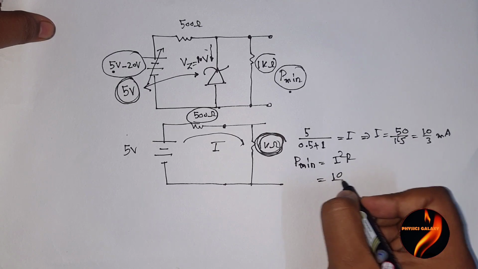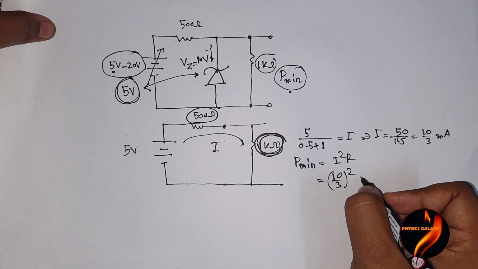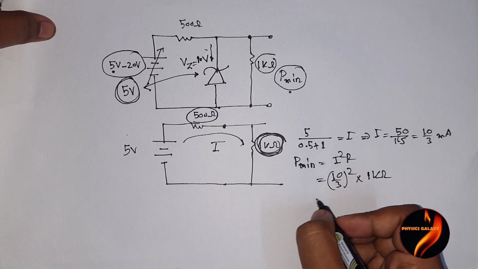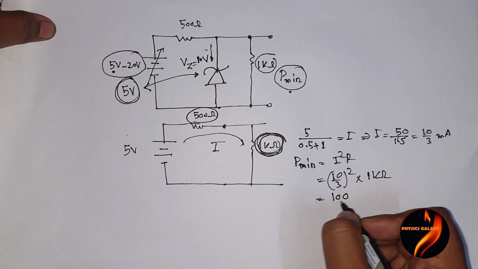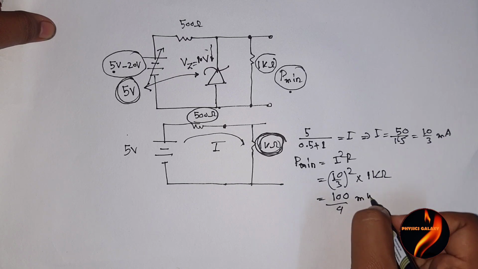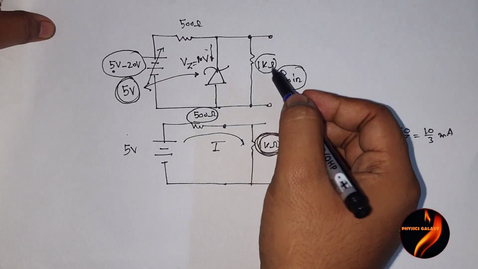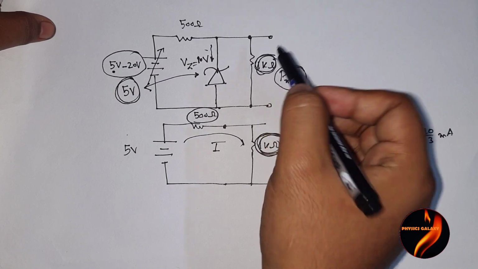So the power here is I square R. R here is 1 kilo ohm. This will give me the result in milliwatt. So this is the minimum power dissipated across the load.